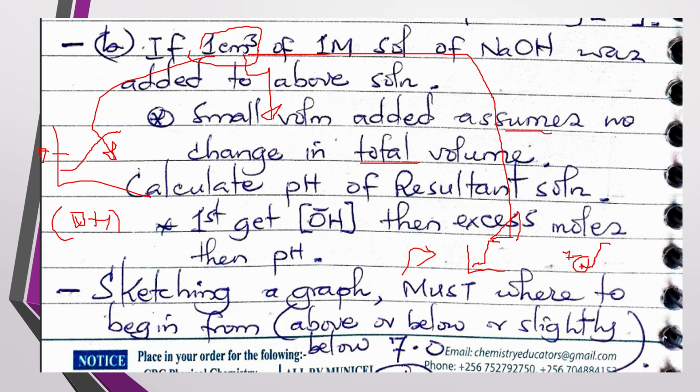And as we said, before you start sketching, you make sure that 7 is labeled to ensure that your sketching is relatively either closer or slightly above 7, because most of the times you're going to be dealing with weak reagents.